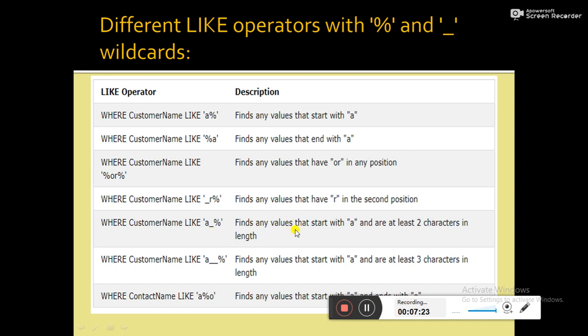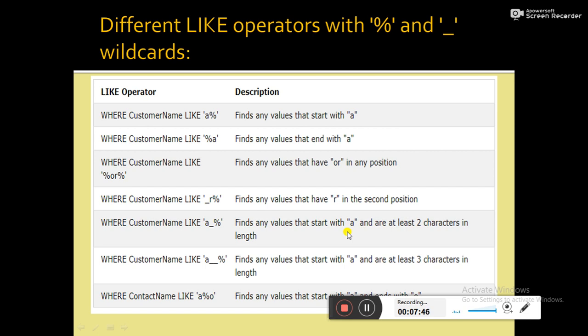Next, suppose we have to find the names of all the customers whose names start with A and have at least two characters. That means the first character is A and the name should be at least two characters long.